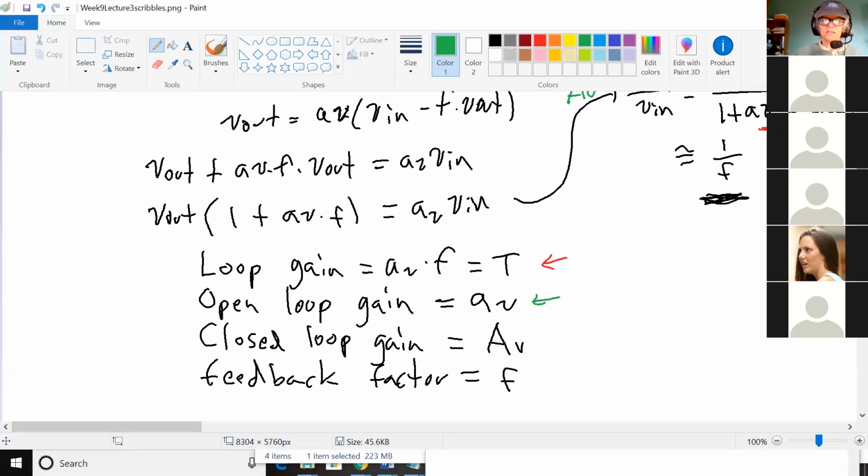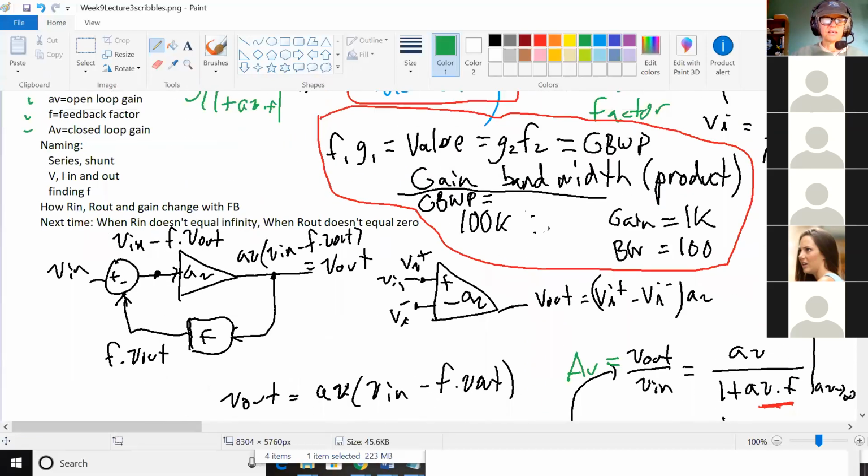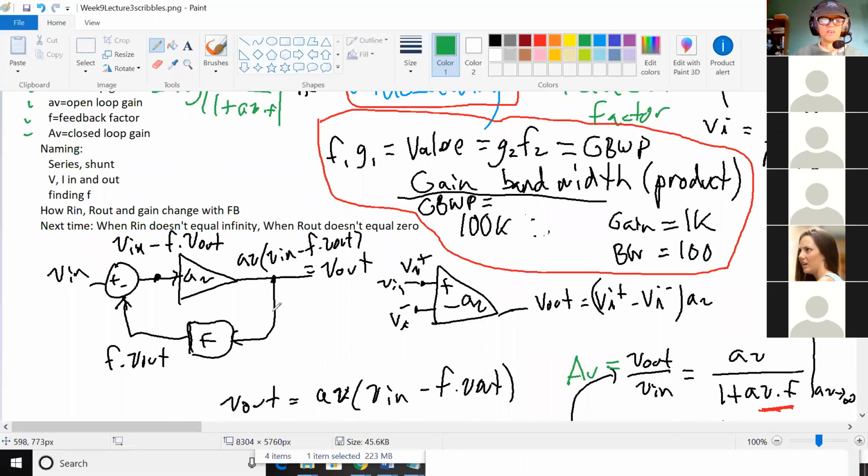Okay. So next on the list, notice that this feedback right here is subtracted from your V in. So, assuming this is positive, the voltage at this node is going to be less than V in.